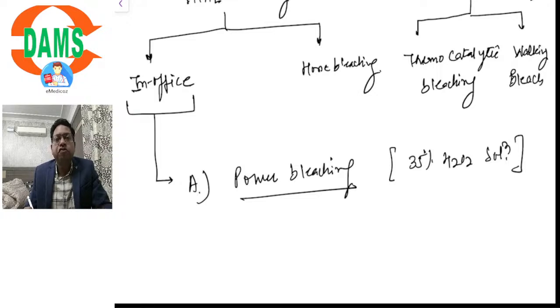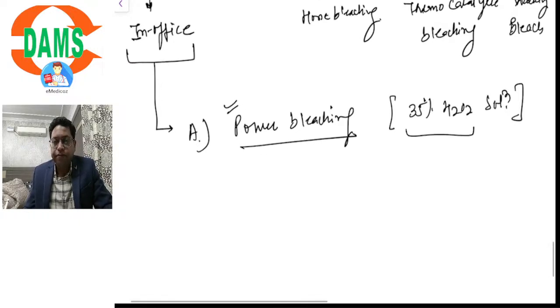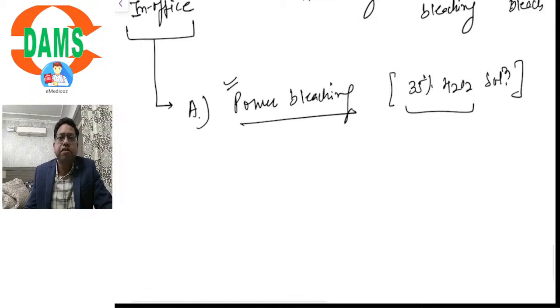It can be very corrosive, and can cause chemical burns to the tissues. That's why it has to be used very carefully by the professional. We cannot give it to the patient to do bleaching at home. So that's why it is called power bleaching, because a very strong bleaching agent is used, that is 30 to 35% hydrogen peroxide.